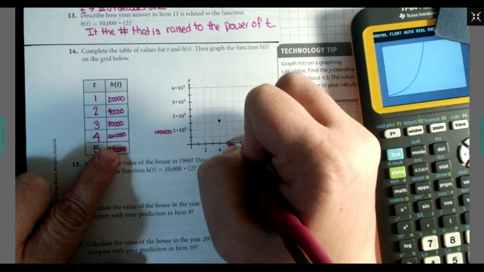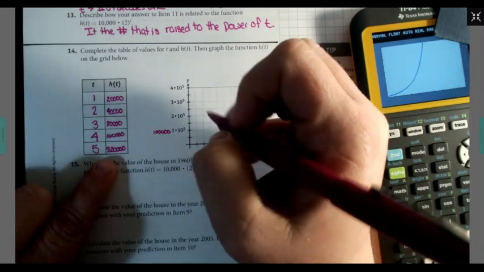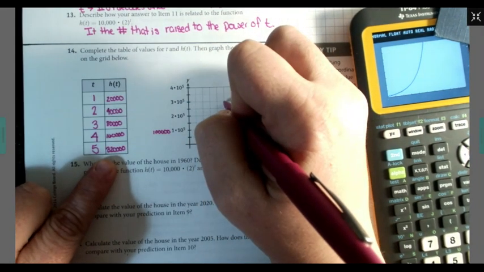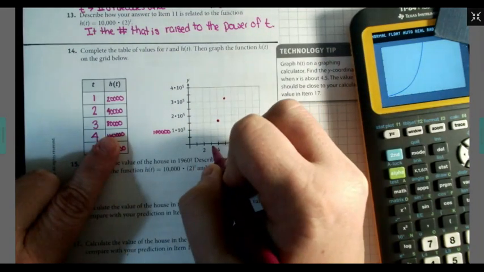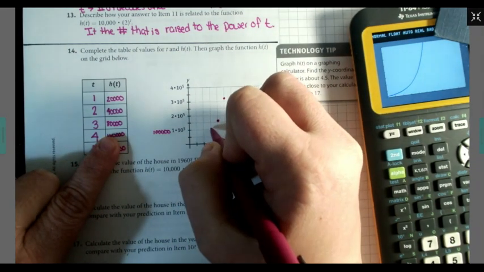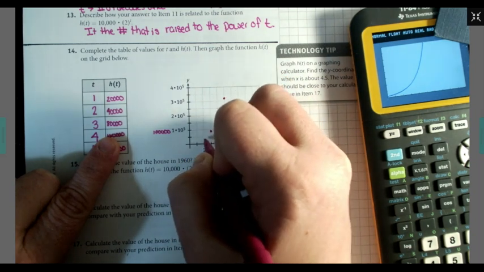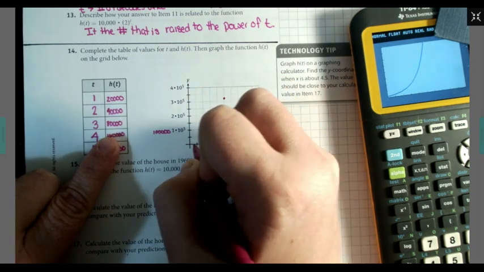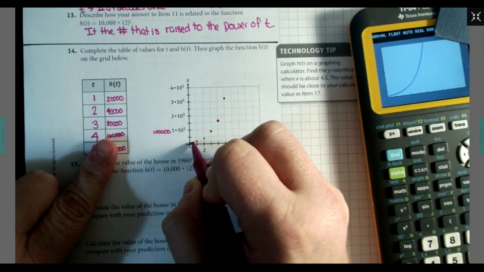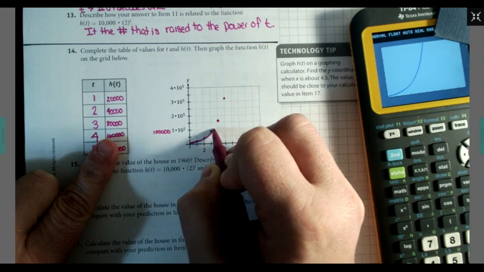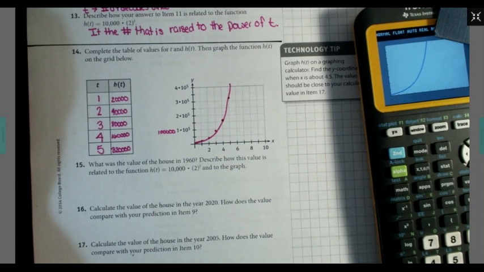At year 5, it's at 320. At year 3, it's at 80, so it's going to be right about here. Then we got 40 and 20. But notice that we are going to connect these because this is a function. We are going to connect those because it is a function.